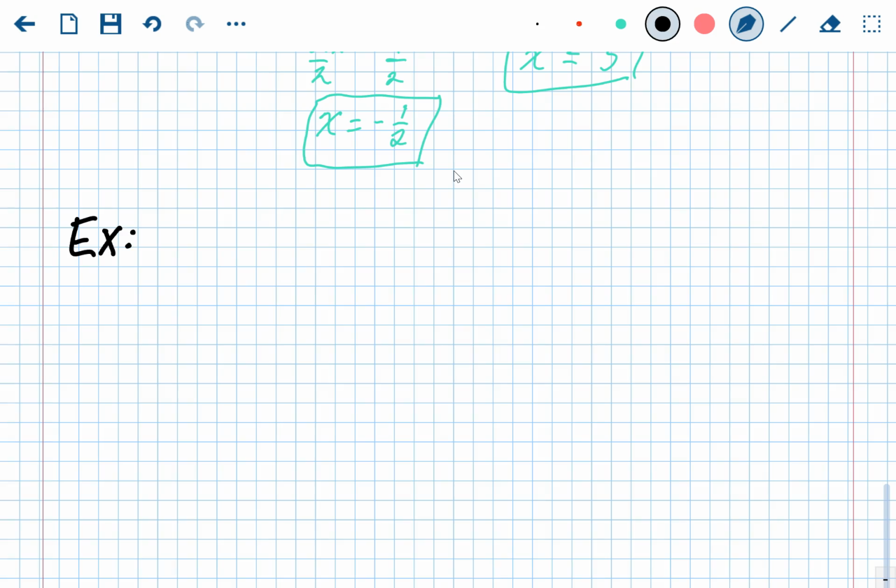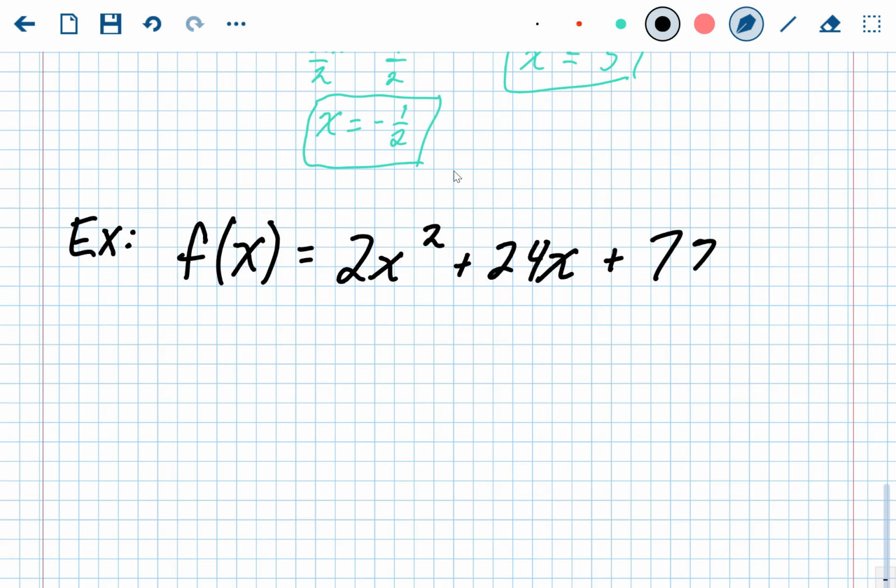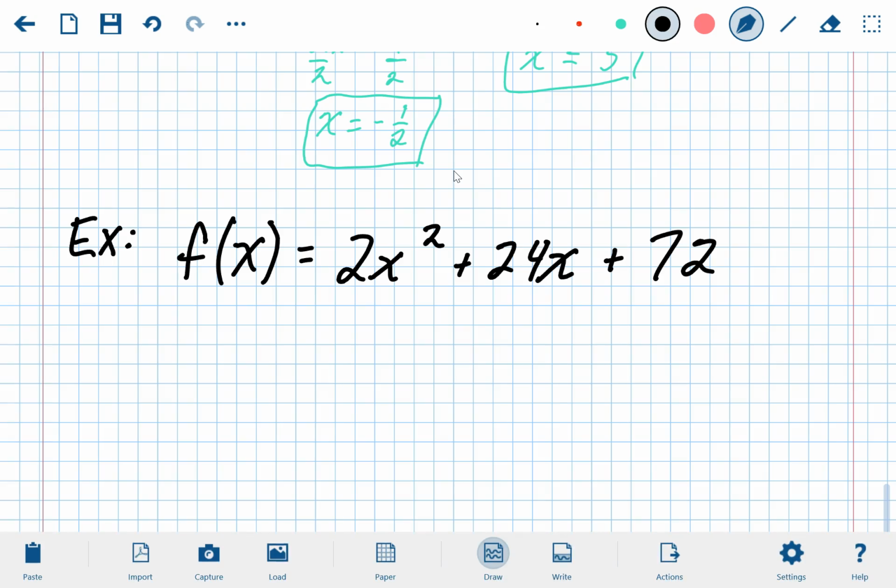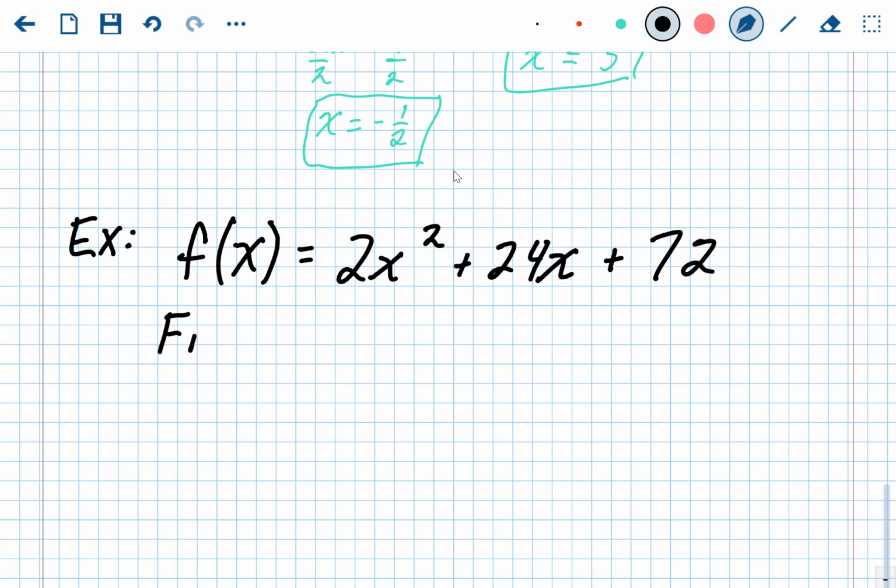say we have the function f of x equals 2x squared plus 24x plus 72. Now again, finding the x-intercepts is as simple as setting the equation equal to 0, factoring, and then solving.